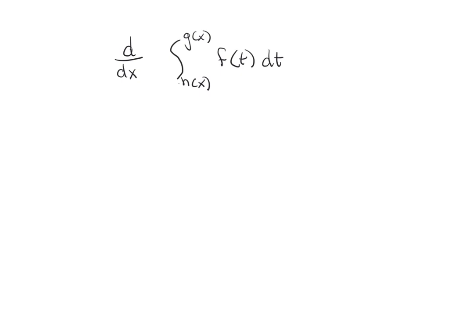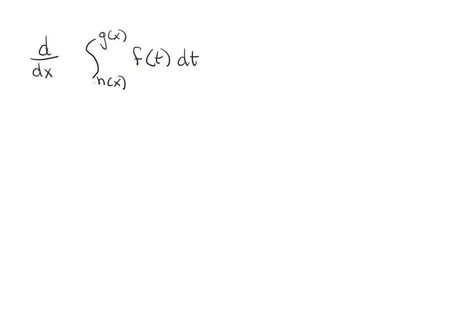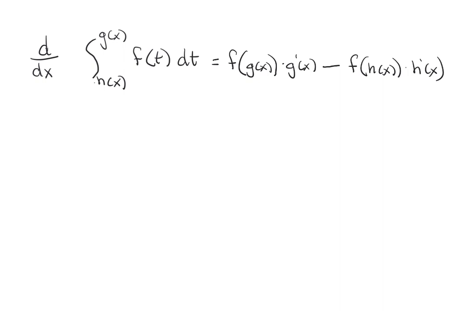To find this, you plug in g of x and then multiply by the derivative of g of x, and then we subtract: plug in h of x and multiply by the derivative of h of x. At a quick glance, this looks super complicated, but it's actually not too bad once you see it in an example.